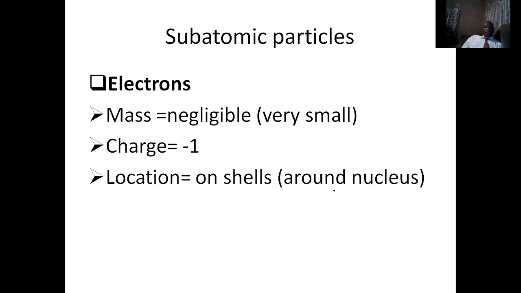While the electrons are found in shells, around the nucleus. The electrons have a charge of -1 and a very small, negligible mass.